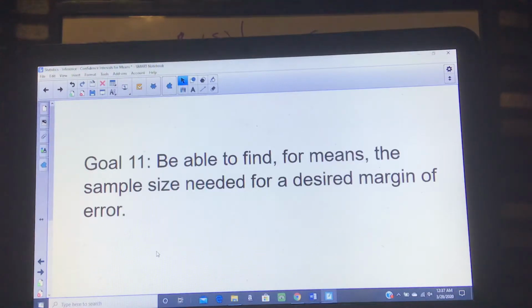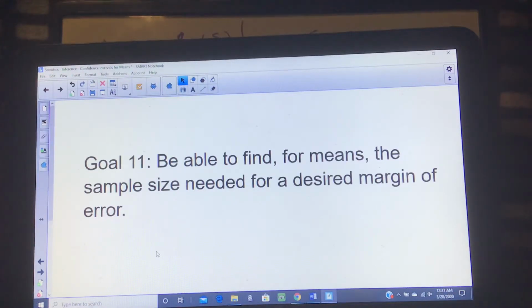Basically, we have the same issue with means. If we want to create a certain confidence interval, we'd like to have it at a certain level of confidence and within a certain range of the mean. Now, we're not doing proportions, so it won't be plus or minus a percent. It'll be plus or minus an amount.